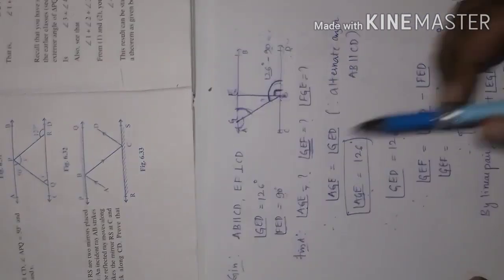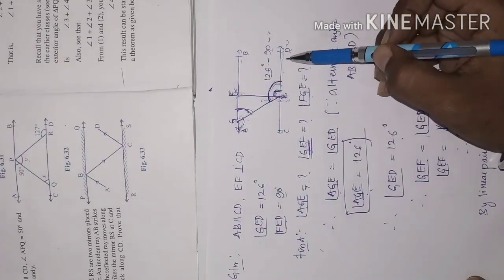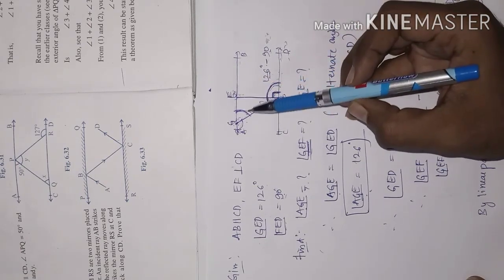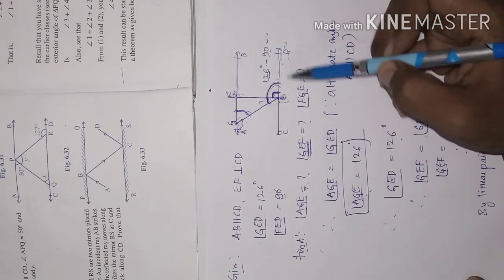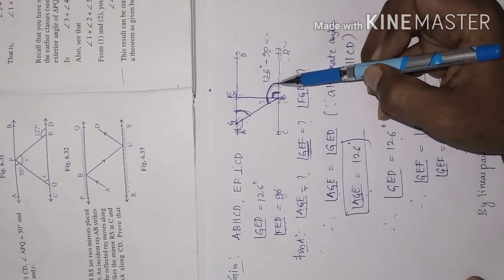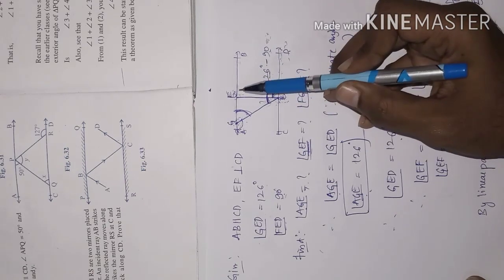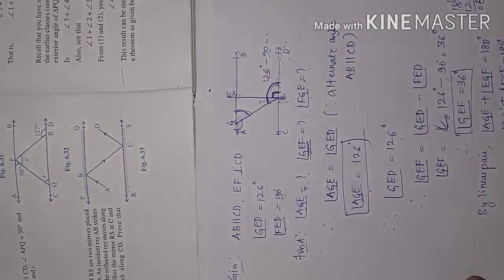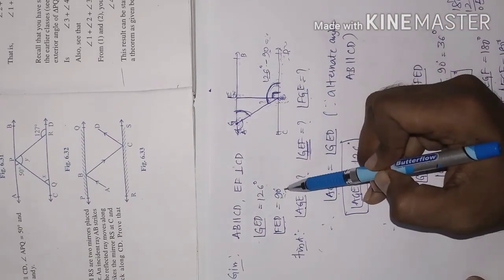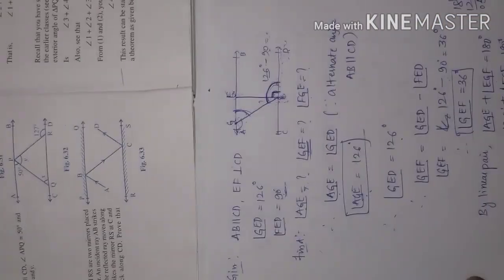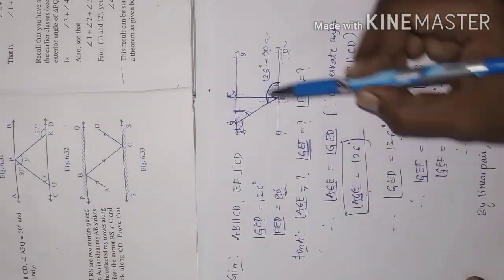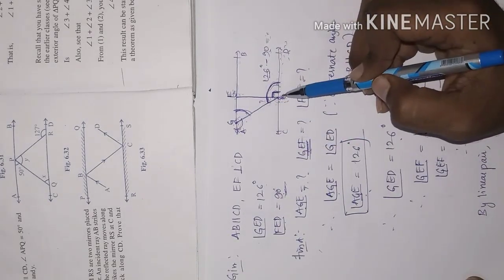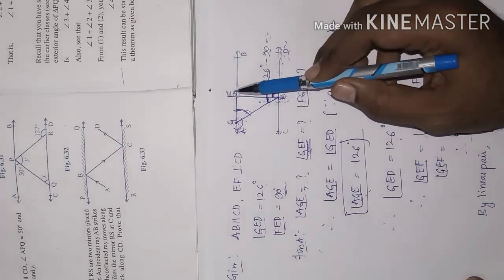Now as AB is parallel to CD and EF is perpendicular to CD, what do they give? GED is equal to 126. And by this symbol I can say that FED is equal to 90 degrees. Now what we have to find: angle AGE, angle GEF, and angle FGE.